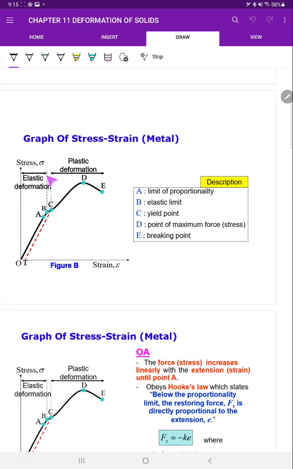A and B are under elastic deformation. C is the yield point, meaning this is the start of plastic deformation. D is the point of maximum stress.